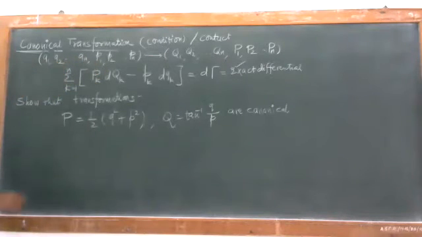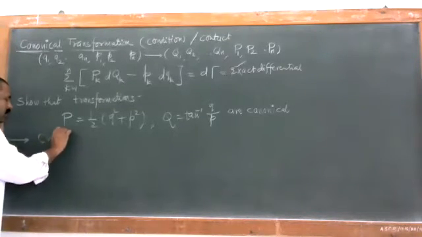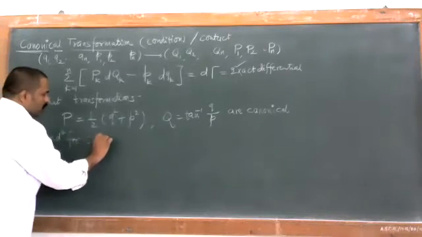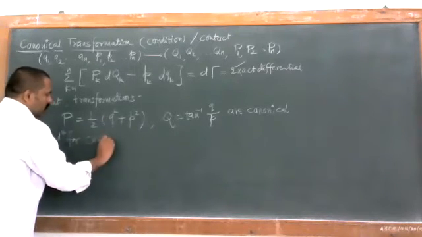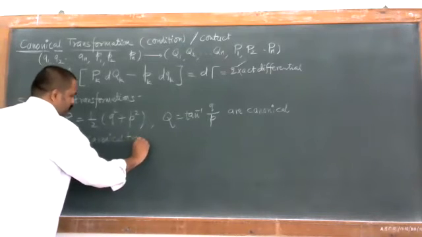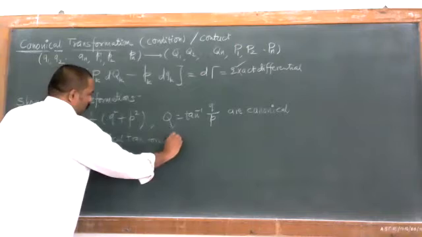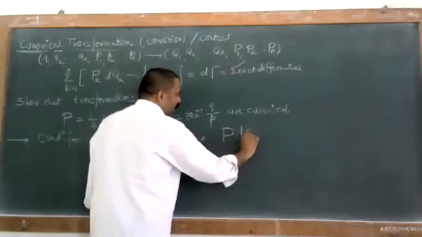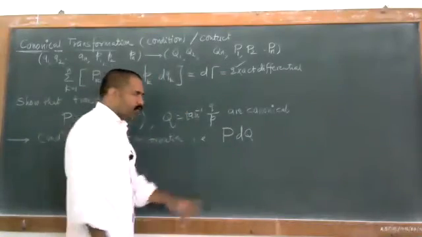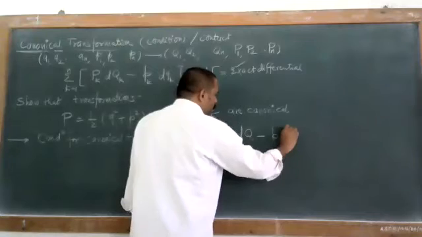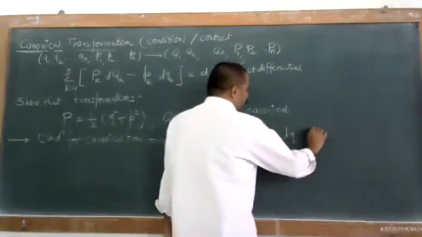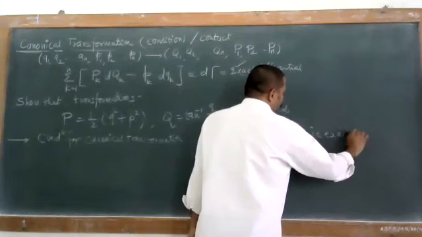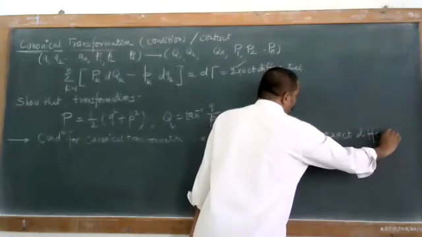So let us write the condition for a canonical transformation: capital P dQ minus small p dq is an exact differential.